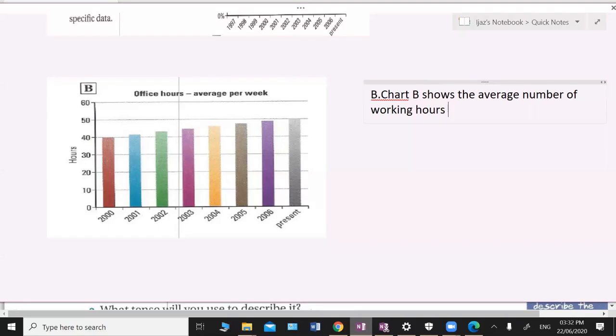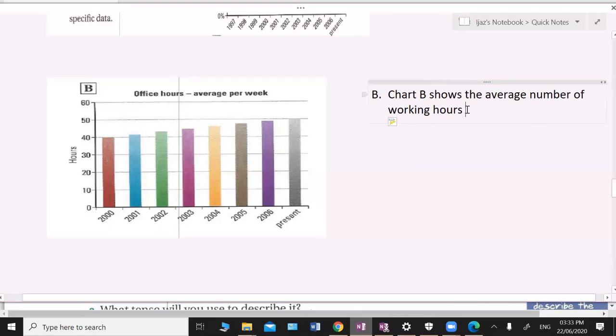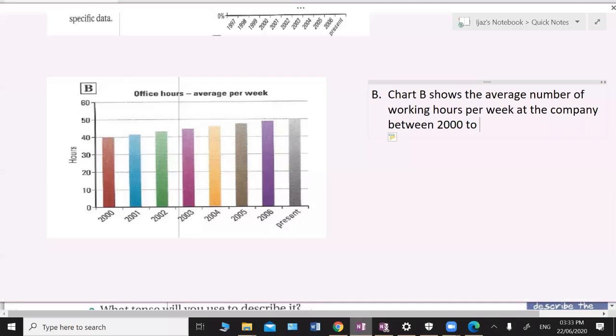I will just write it down here for you. Okay, chart B shows the average number of working hours per week at the company between 2000 to present.